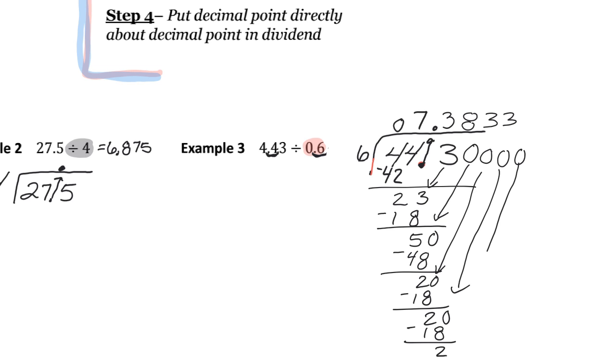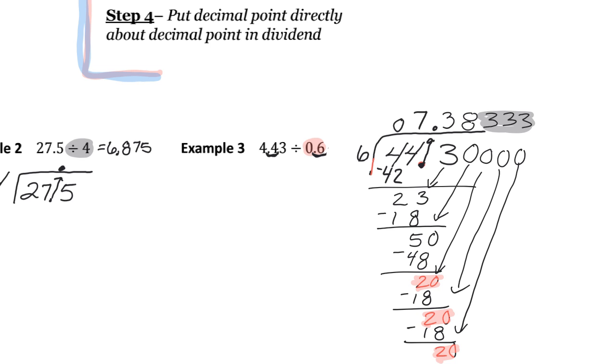But I'm noticing something when I do this. If you notice, these last couple, I have 20 as my remainder. I keep on getting 3 there. So that tells you that this is now going to become a repeating decimal.